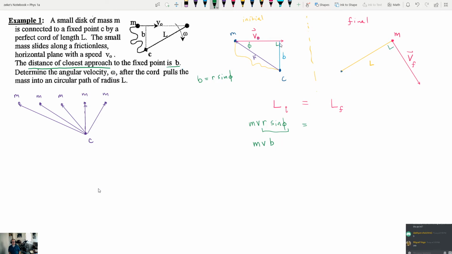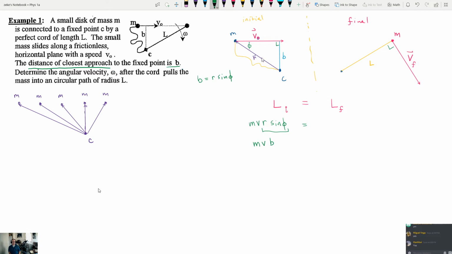That b is the shortest perpendicular distance from the velocity vector to the axis. Can everyone see that? Okay, so it's like the lever arm, right? When we were doing torque. Does everyone agree? Do I need to review that real quick? Are you guys with me here? Okay. Thank you for responding. Otherwise, I just keep talking.